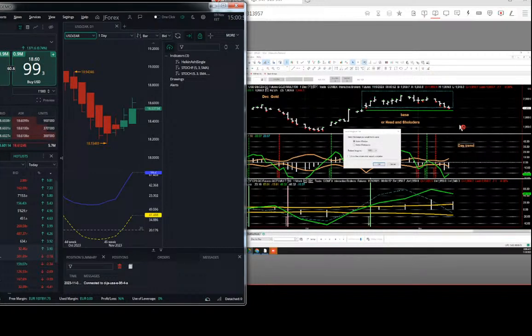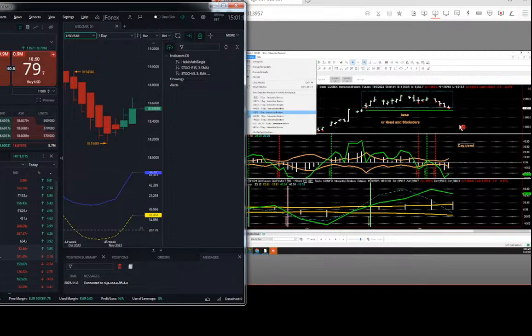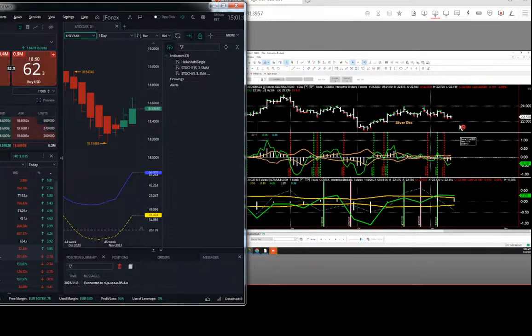Then from there, we'll go take a look at silver. Silver's been underperforming the gold. You can see that right there. Didn't get up into the 26s or 27s. Where are we at now? We're at 22. The all-time high is like 51.